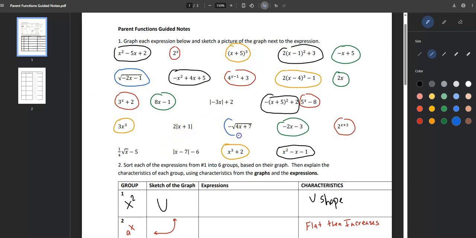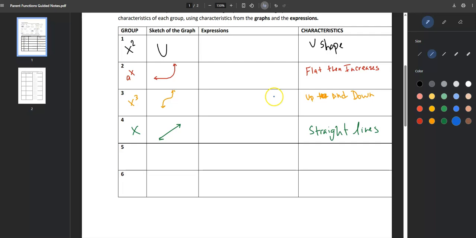So anything that has this square root here. And specifically, these are square roots, so this is going to be like the square root of x. Again, these are going to start at one spot and then go one direction.